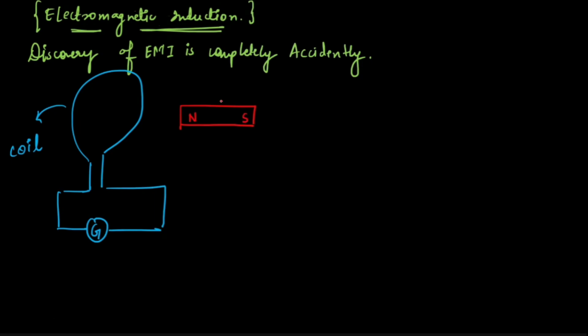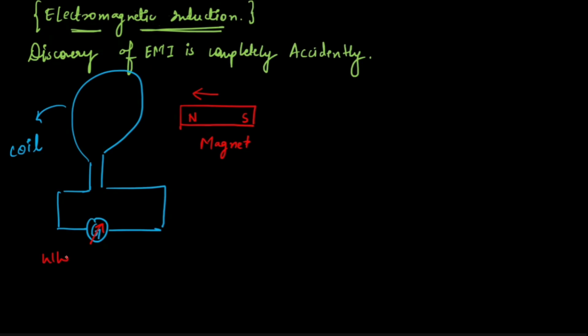But what happens is that accidentally someone figured out that whenever a magnet starts moving towards this coil, the galvanometer shows some deflection. It means there is some current in the coil. Understand it.